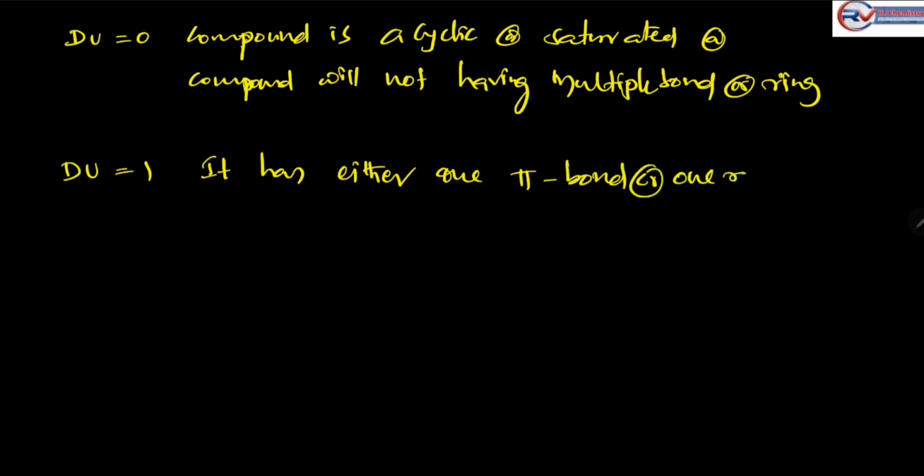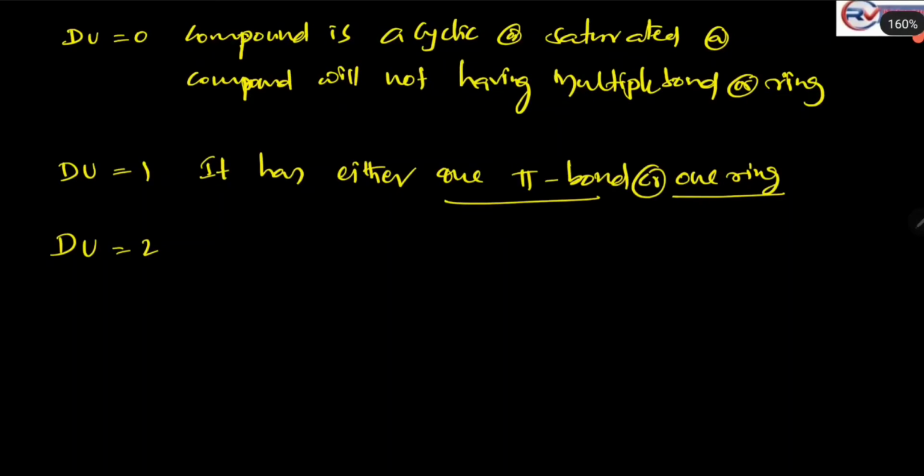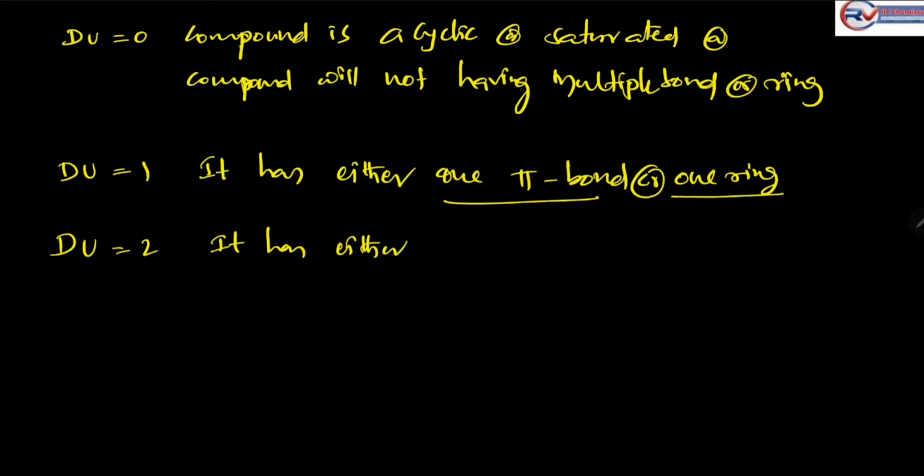If DU equal to 2, the compound has either two pi bonds, or one pi bond plus one ring, or two rings.